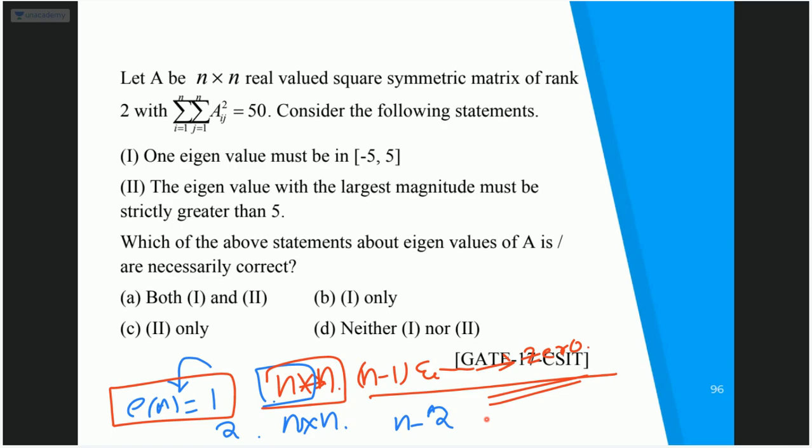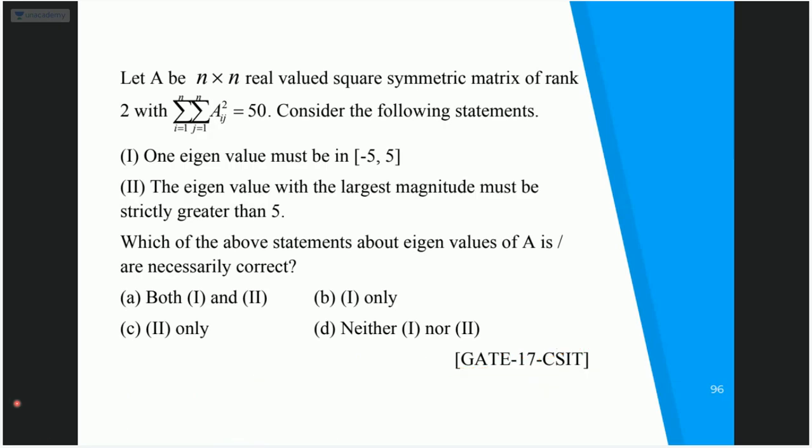Now come to the problem. Our problem is similar to that property only. Matrix is n cross n symmetric. The symmetric purpose is different. N cross n matrix only I am taking. Symmetric purpose next I am going to implement. Observe. N cross n matrix with rank 2.